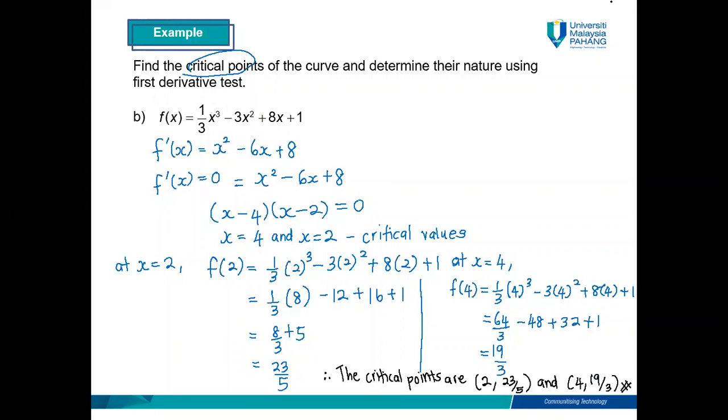Now we want to find the nature of the function by using the first derivative test. So you have to construct a table. You have 2 and 4, with 2 the smallest. For the first derivative test, you have to consider the behavior before 2, in between 2 and 4, and also the behavior of the function after 4.